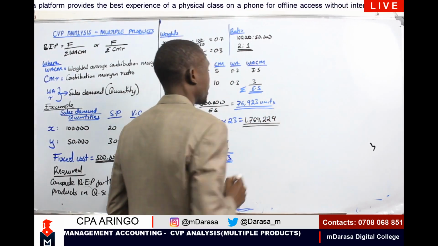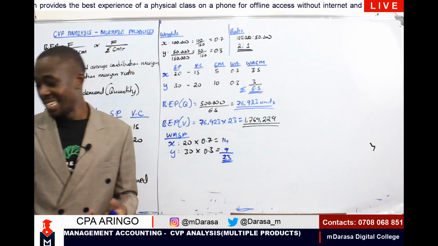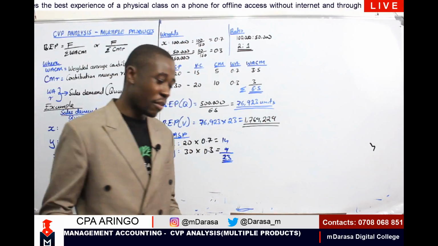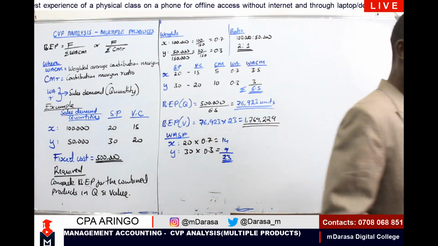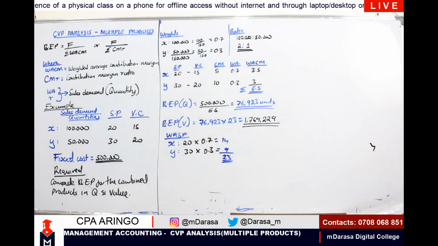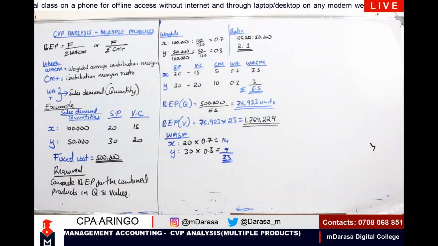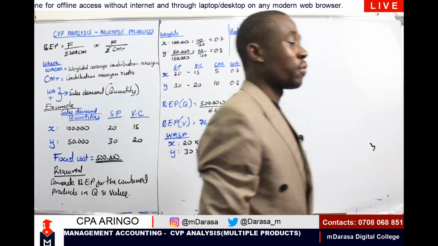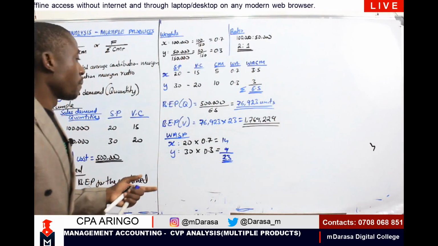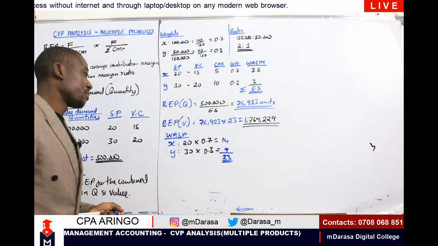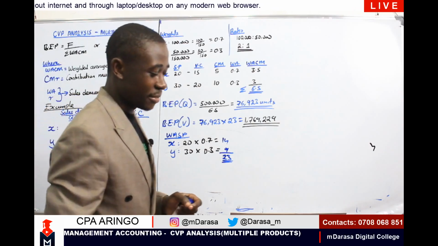And that is our break-even point in value. And that is how you are required to determine this component, the aspect of CVP, both in value and in quantity.